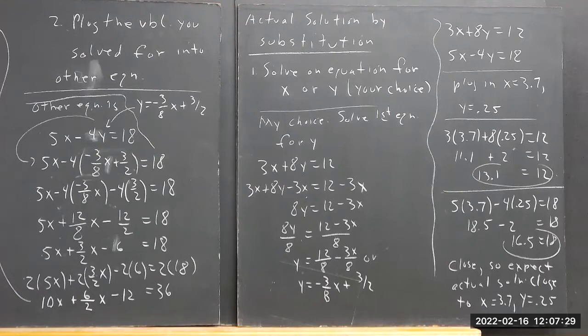So we're going to get 3 times 48 over 13 plus 8y equals 12. Well, 3 times 48 is 144. Multiply everything by 13.